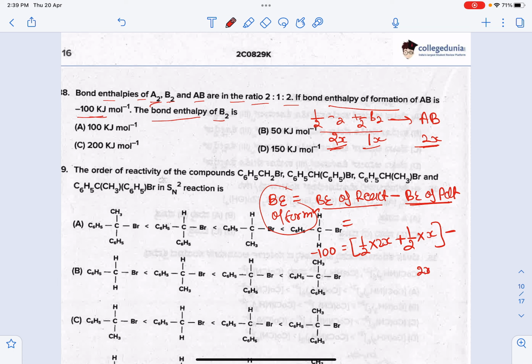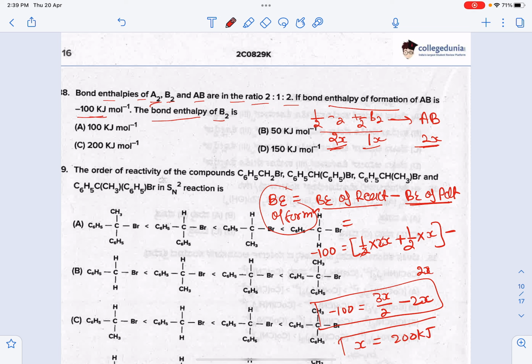Now when you calculate this, the 2 will cancel with this 2, and here will be 3x by 2 minus 2x. When you solve this equation, you will find the value of x, which will be equal to 200 kilojoule. So our correct answer will be option C, 200 kilojoule.